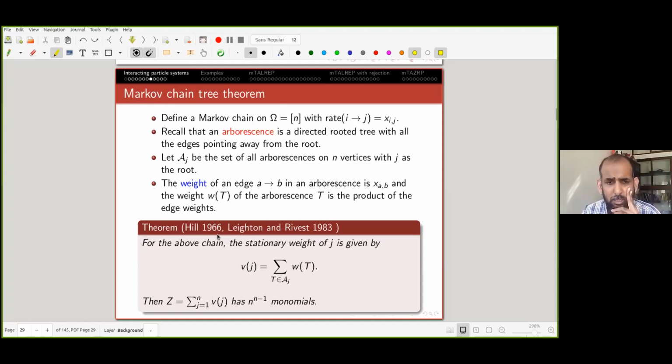So the stationary weight of this very general Markov chain, the most general Markov chain in fact, is a weighted sum over arborescences with j as the root.